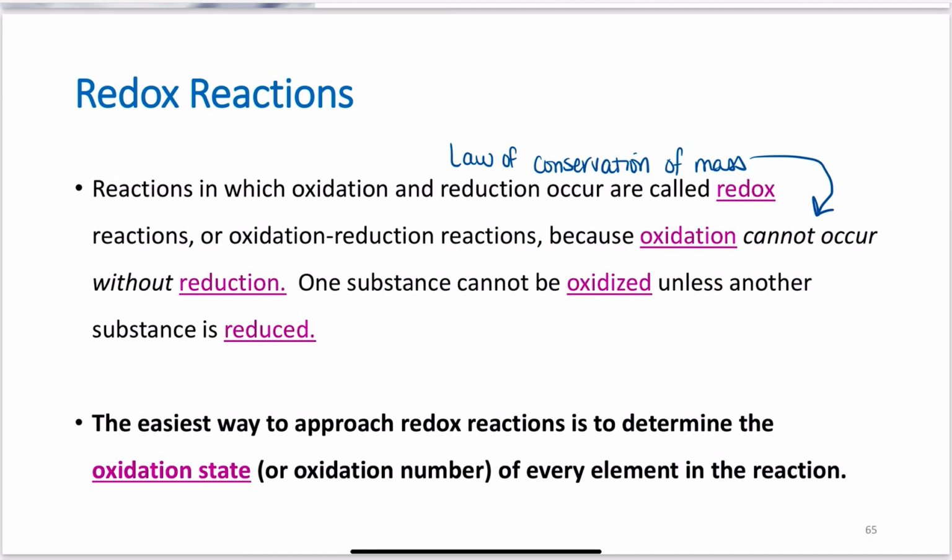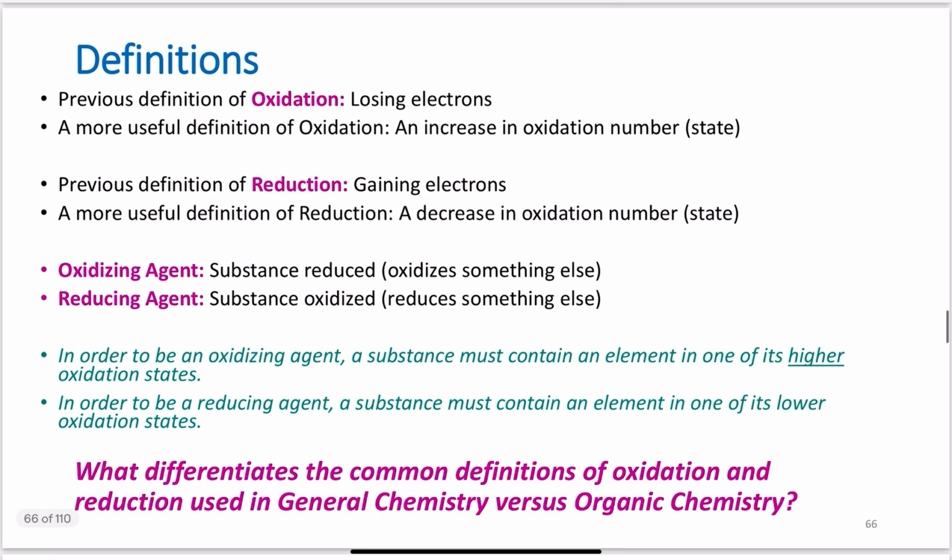The easiest way to approach redox reactions is to determine the oxidation state, or oxidation number, of every element in a reaction. Previously I said oxidation is losing electrons, which is correct. A more useful definition of oxidation is an increase in oxidation number or state. Previously I said reduction is gaining electrons, which is correct, but a more useful definition is a decrease in the oxidation number or state.